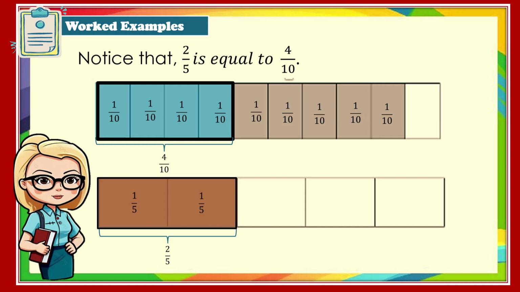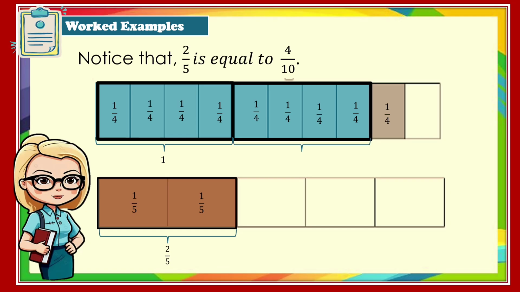So if we're going to convert 4/10 and divide it into 4 equal parts, okay, that is equivalent to 1 whole. So we can also have another 1 whole by 4/4. So another 1 whole, and then there's 1/4 left.